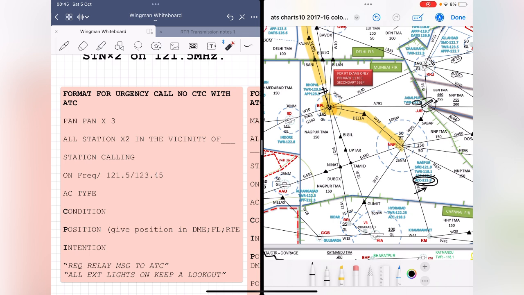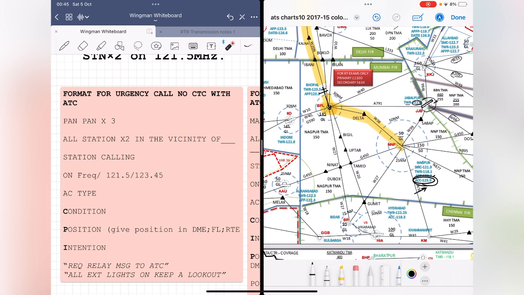So I'll go over the whole call again. This is a pan-pan call for when the ATC is not in contact. So pan-pan, pan-pan, pan-pan, all stations in the vicinity of whatever station you are around. Station calling on whatever current frequency you are on, followed by your aircraft type, followed by the condition you are facing, which in our example would be co-pilot fainted. My current position, which is 20 inbound Bravo Papa Lima, maintaining flight level 310 on whiskey 20.